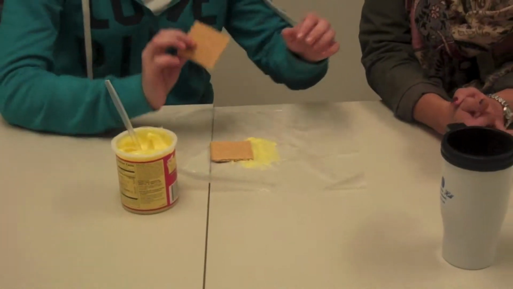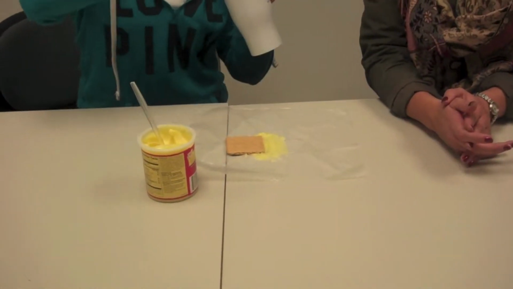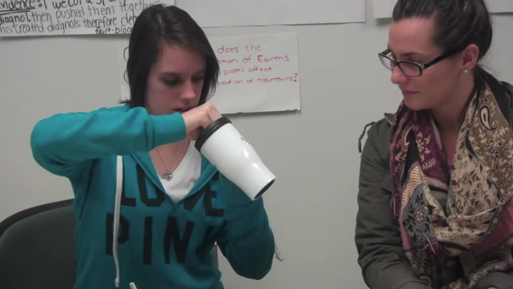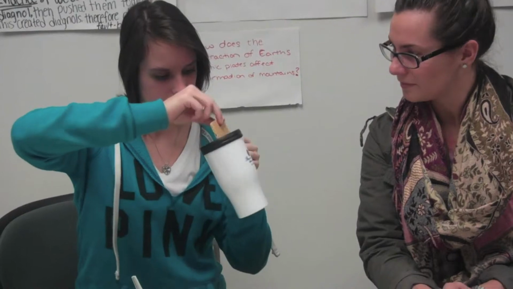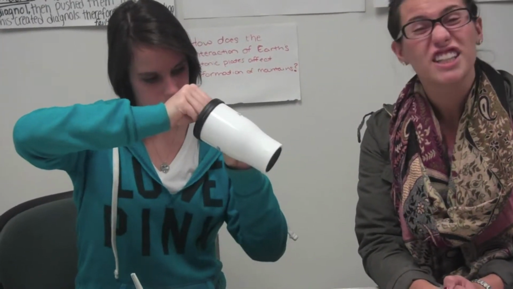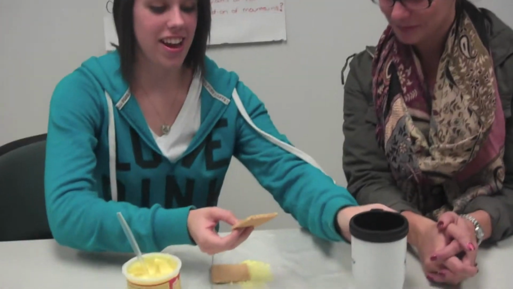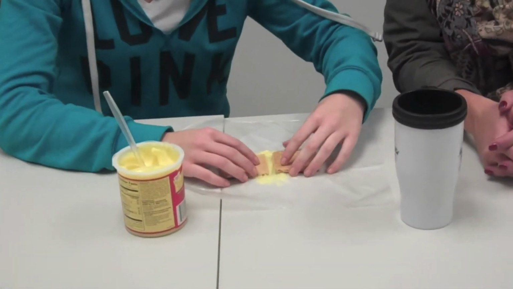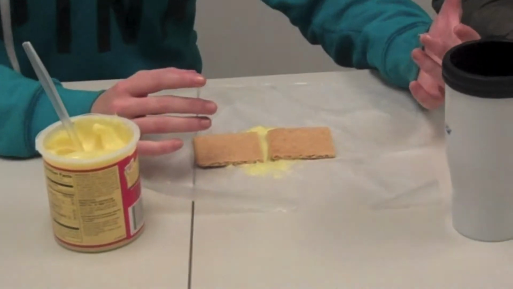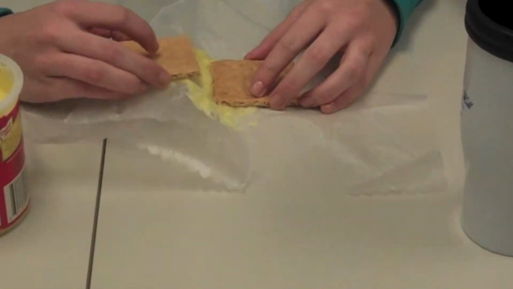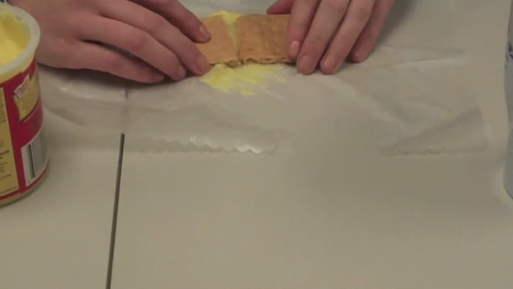Then we're going to take the other one and dip it in some water, just a little bit of water, not too much. Then we're going to put that in, leaving a little bit of space because tectonic plates aren't always touching, and we're just going to smush them together.